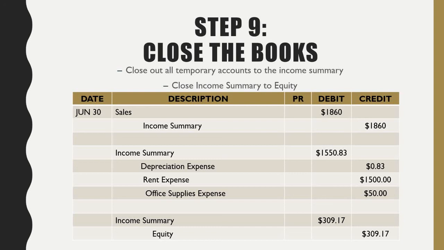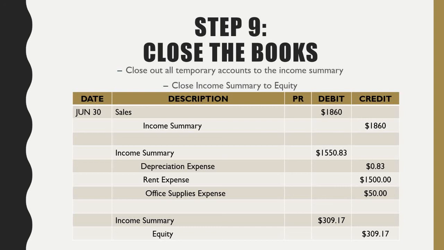So in order to increase our sales, we would credit it. In this case, we're going to be working backwards. We're going to take every single sales account, revenue account, and zero them out by debiting them into our income summary. I'm going to debit all my sales because I'm zeroing them out. I'm going to look at my ledger, see how much sales I have, counter them with a debit, and place it into income summary.